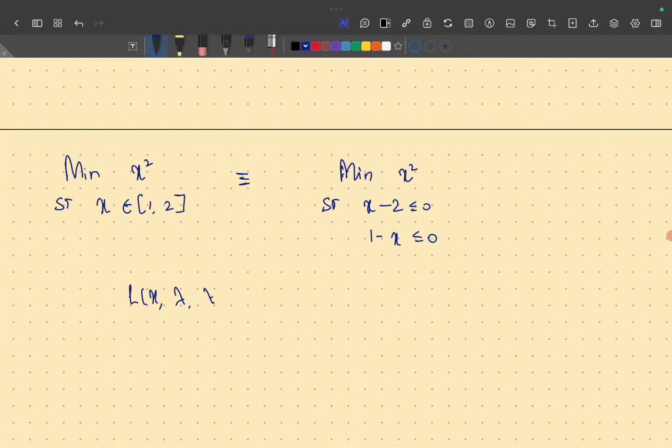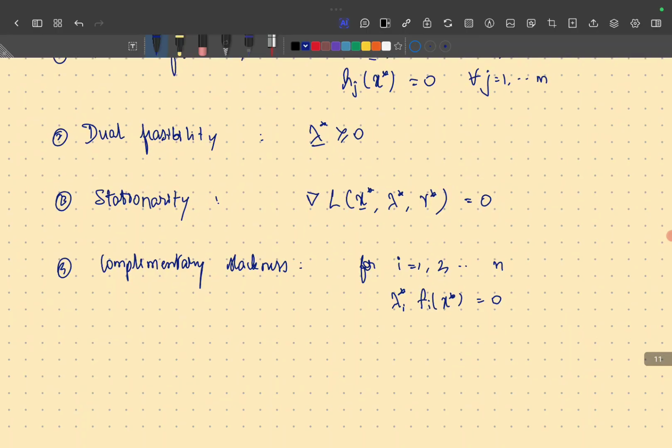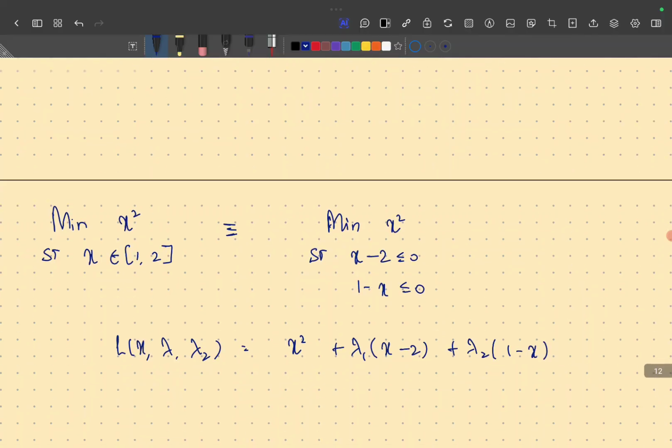L of x, lambda 1, lambda 2 is equal to x squared plus lambda 1 times x minus 2 plus lambda 2 times 1 minus x. All right. I need to solve for the KKT conditions now. The interesting KKT conditions in this case happen to be stationarity and complementary slackness.